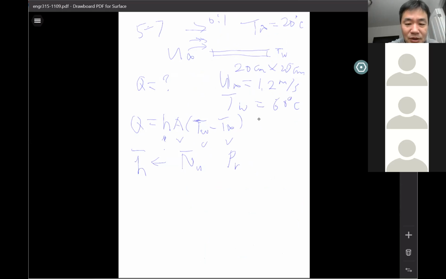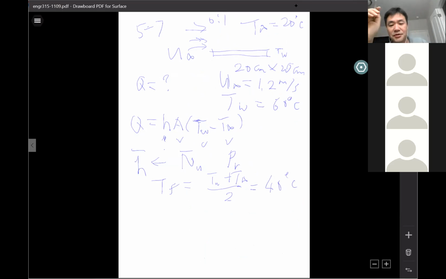In order to get the Prandtl number, we need the film temperature. Film temperature is half of T wall plus T infinity. It's isothermal, 60 and 20, so the average is 40 degrees. That's our film temperature. Based on the film temperature, the Prandtl number is 2870.